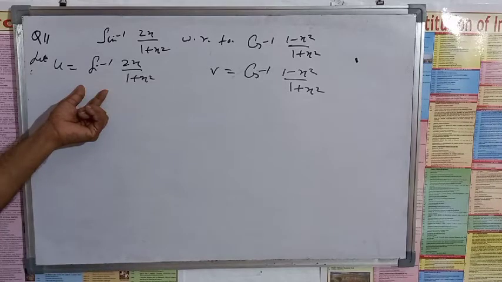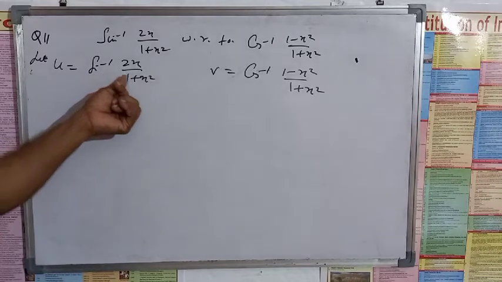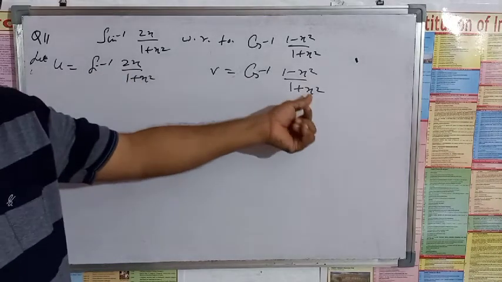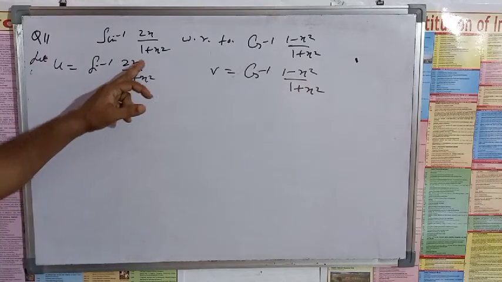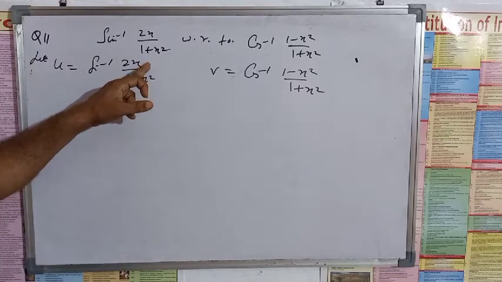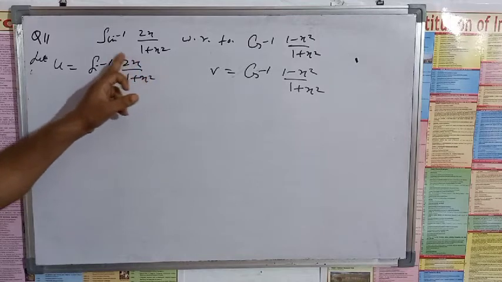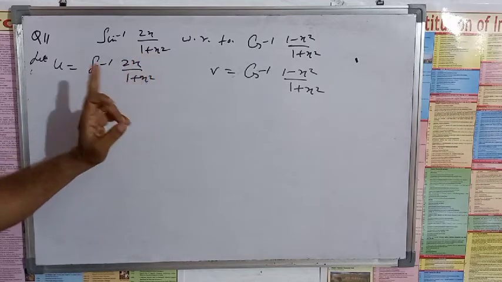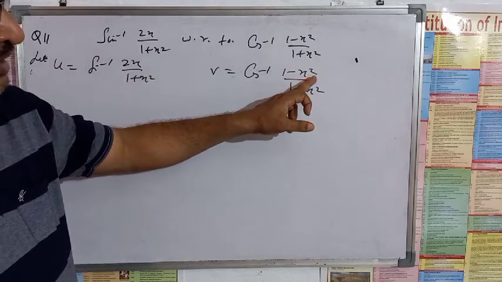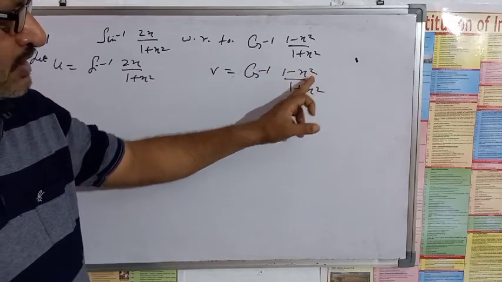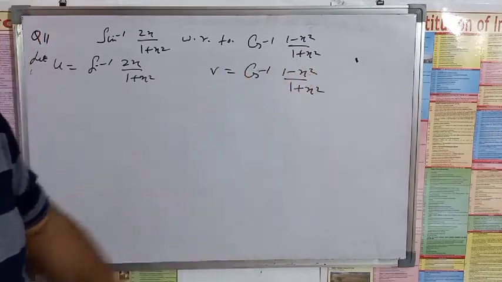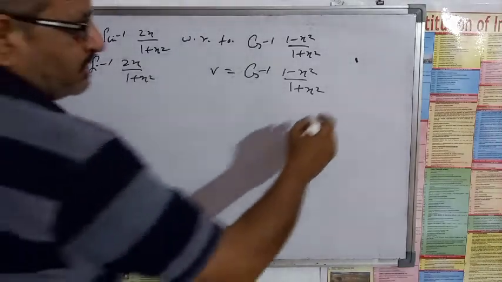We have to apply the properties of inverse functions: sine inverse sine x is equal to x, cos inverse cos x is equal to x. So we have to put some substitution in place of x so that this term becomes in terms of sine, and 1 minus x square upon 1 plus x square can be written in terms of cos.